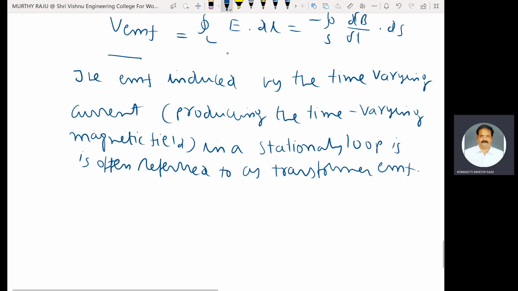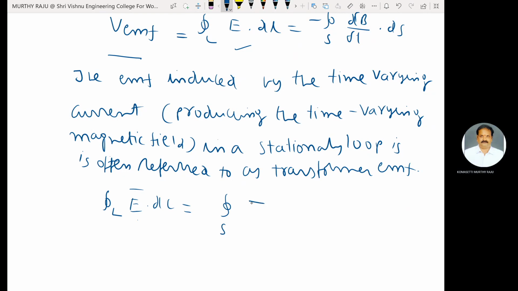Applying Stokes theorem to this line integral, the line integral is converted into a surface integral. The integral of E dot dl equals the surface integral of del cross E dot ds.